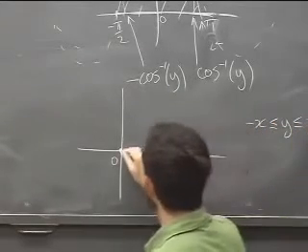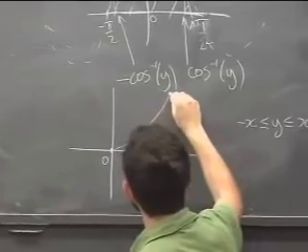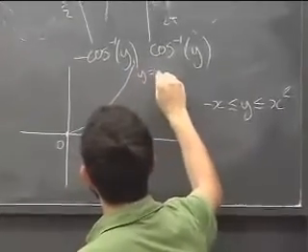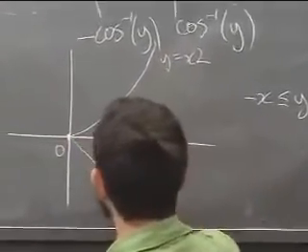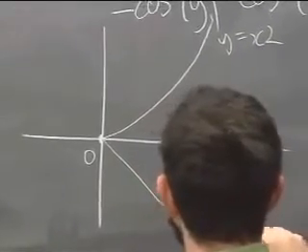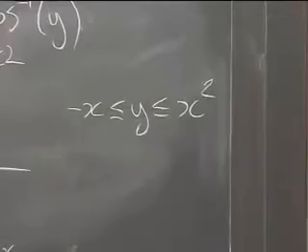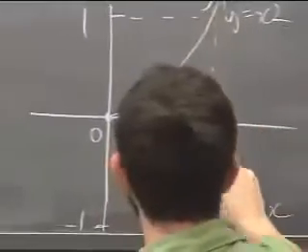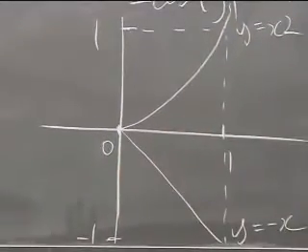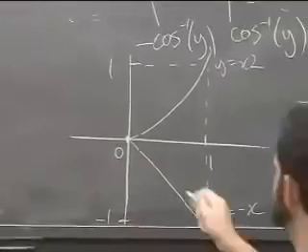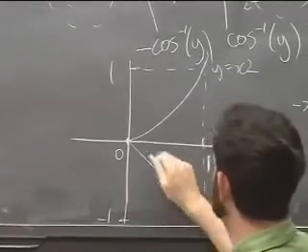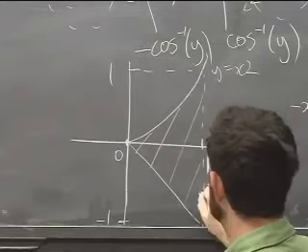So we have to draw y equals x squared. It looks like this. And we have to draw y equals minus x. It looks like this. So the region, x only goes between 0 and 1, is that.